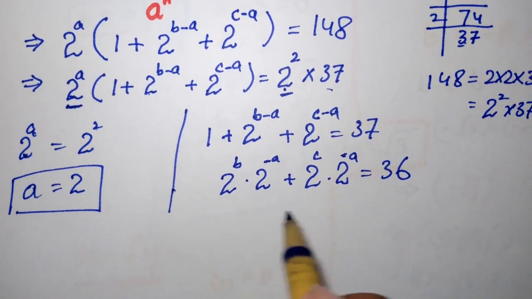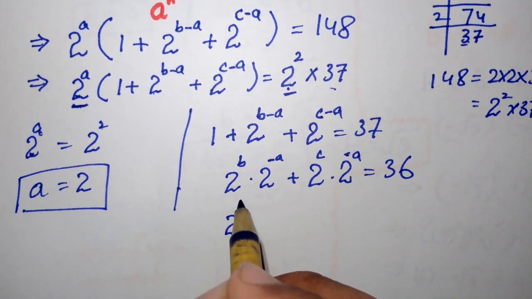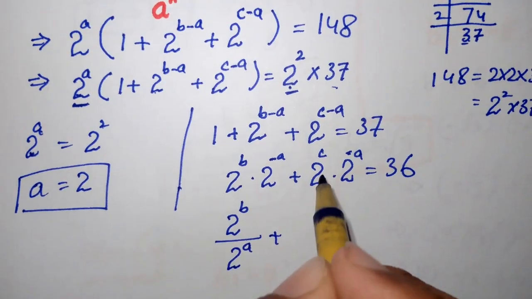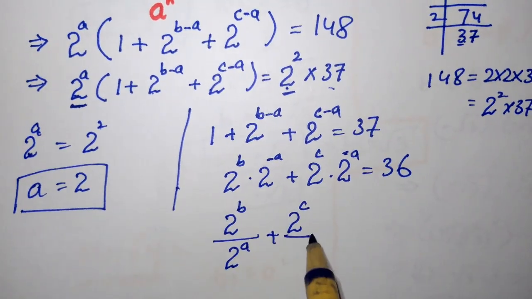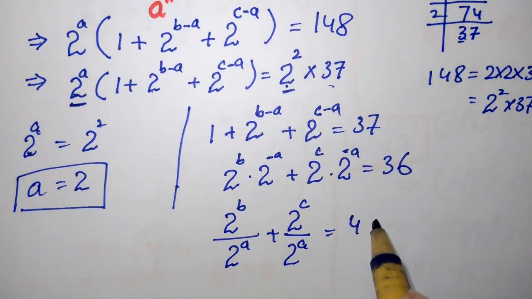Here we can also write it as 2 to the power of b over 2 to the power of a plus 2 to the power of c over 2 to the power of a is equal to, this can be written as 4 multiply 9.